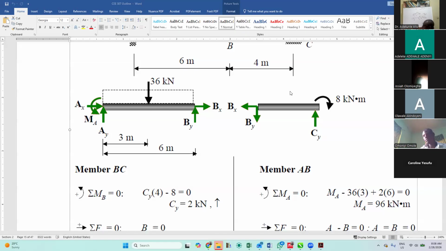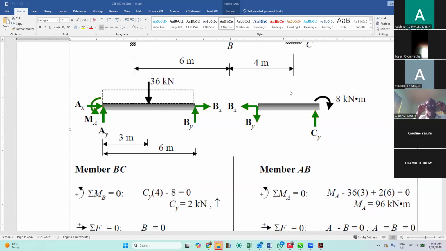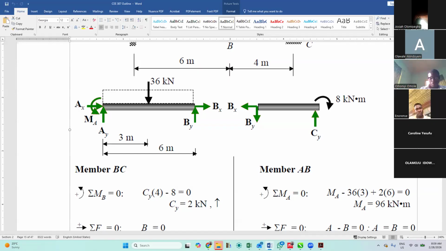Yeah. So we are going to take a moment about point A to be equal to 0, as I've explained here. If we are doing that, what it means is that the forces in this point B are the ones that we're going to resolve to this place. That is, all the forces in point A will not take effect because we are taking moment to that particular point A.